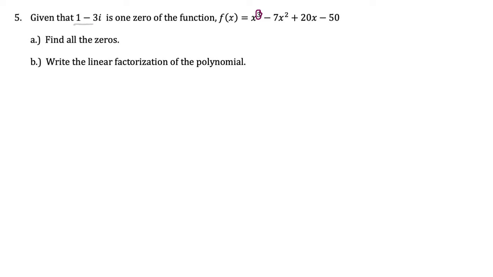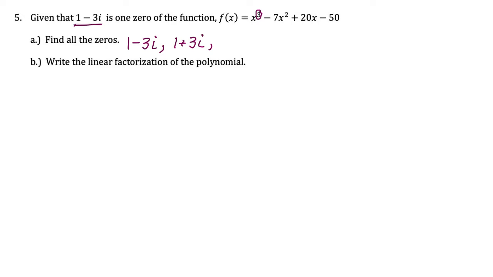So we have 1 minus root 3. So if 1 minus root 3 i is a root, then I automatically know 1 plus 3i is a root. They're always in pairs.